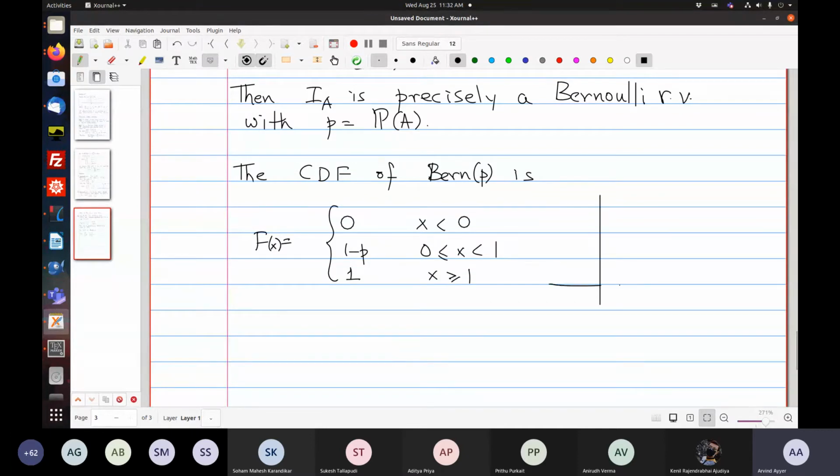So let's say this is 1 minus p, this is 1, this is 0, and this is 1, this is 0. Then my plot would look like this.